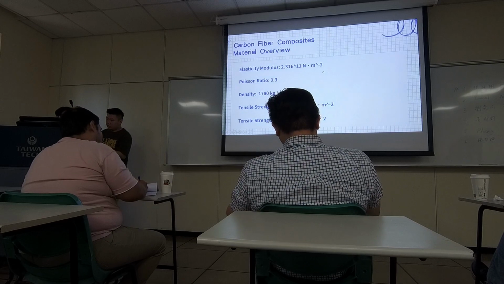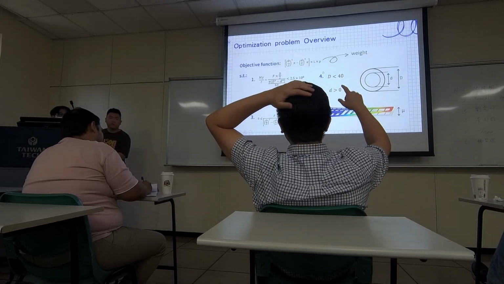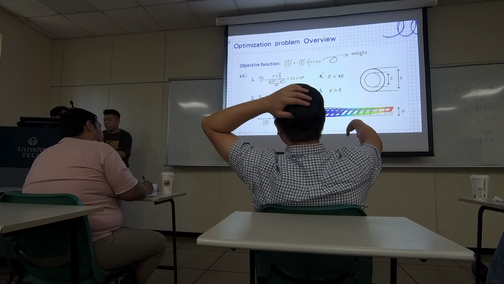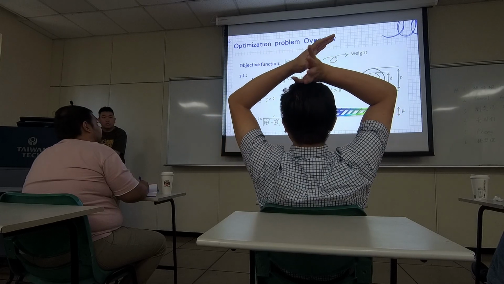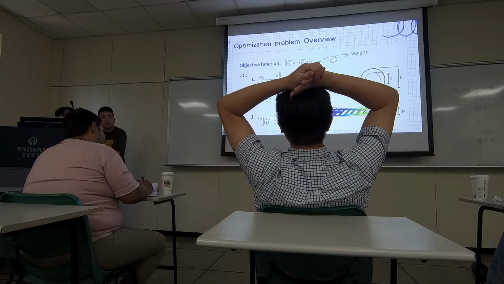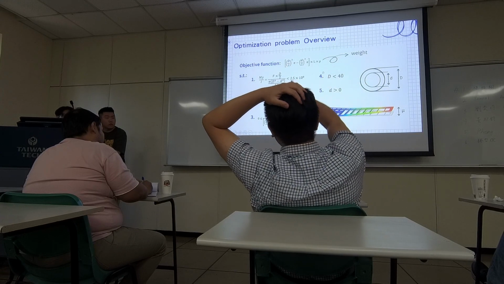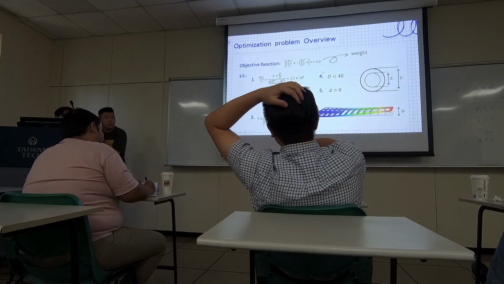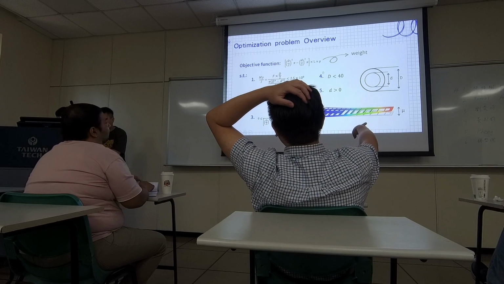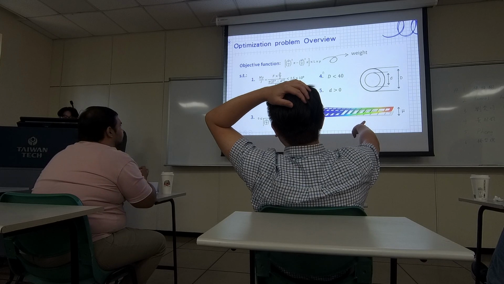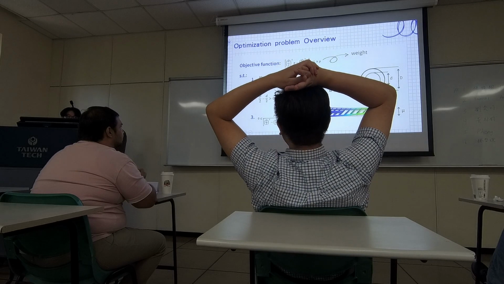Okay, can you go back to your formulation? So, are you going to run finite element? Yeah. If you're running finite element, then which part in your formulation needs data from finite element? 1 and 3. The first one is stress.